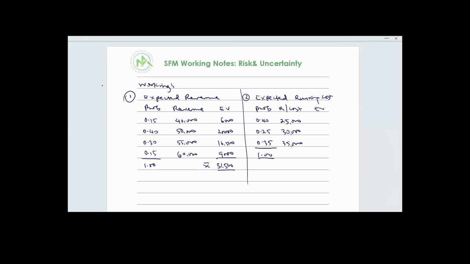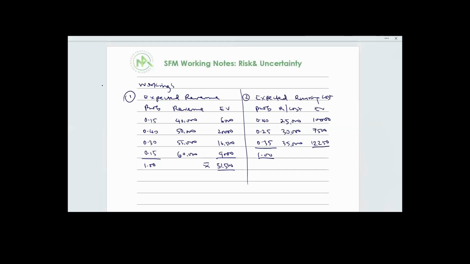I need to multiply. 0.4 multiplied by 25,000 equals 10,000 naira. 0.25 multiplied by 30,000 equals 7,500. 0.35 multiplied by 35,000 equals 12,250.